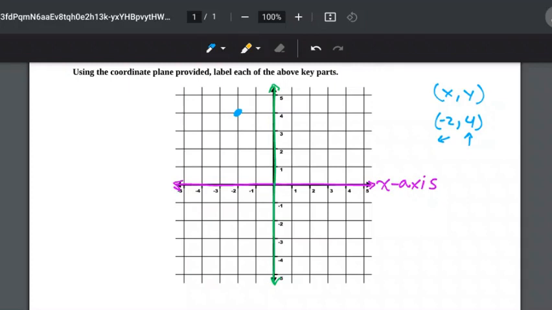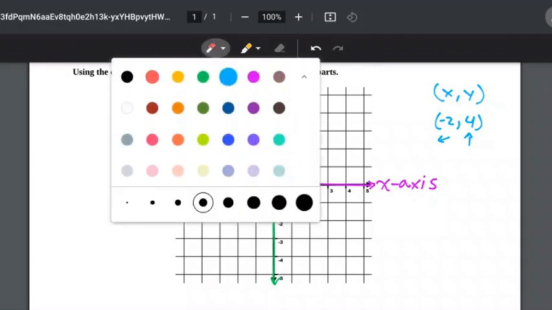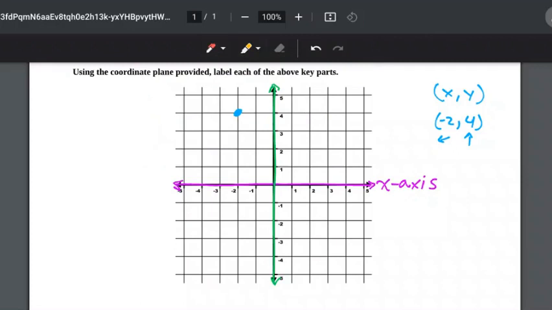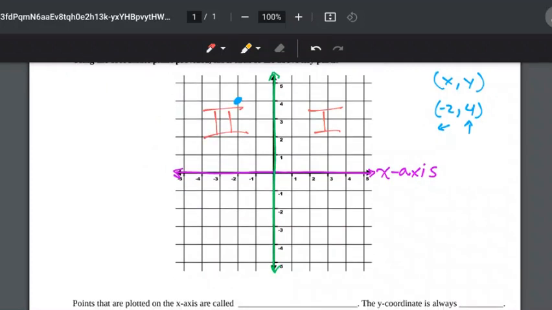Our next term is quadrants. And our coordinate grid is split and divided into 4 different quadrants. We start in the top right, that's quadrant 1. And then we go to the left, quadrant 2. Then we go down, quadrant 3. And then we go back to the right for quadrant 4.